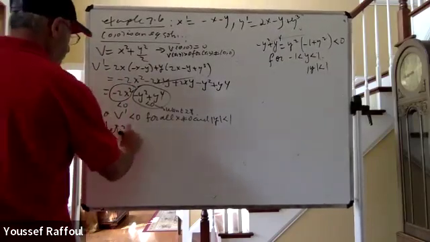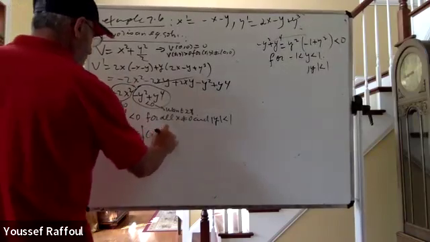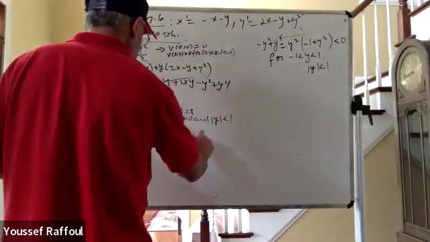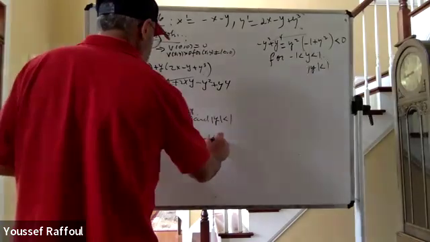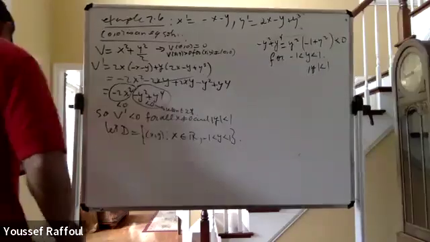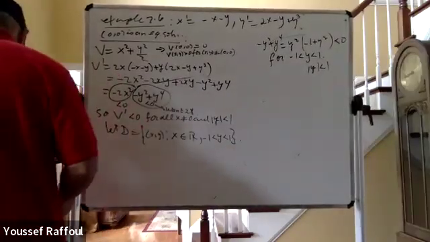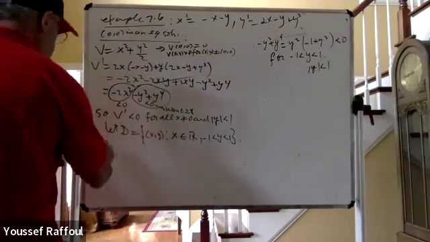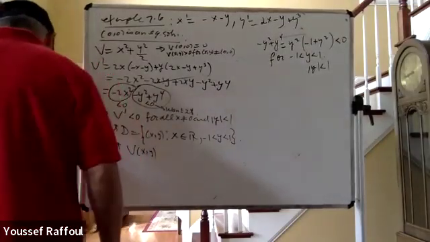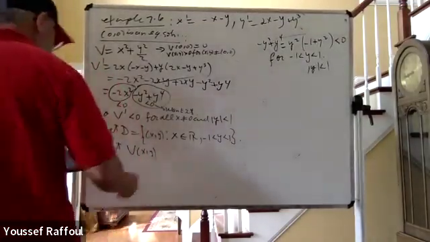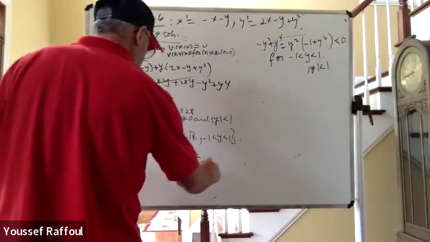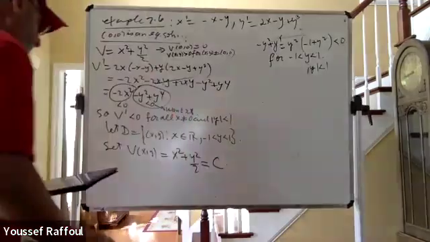So let D be the set of (x, y) such that x is in R and minus 1 less than y less than 1. And set V(x, y) equal to (x squared plus y squared) over 2 equal to c.